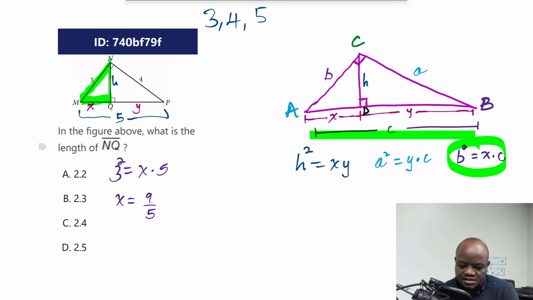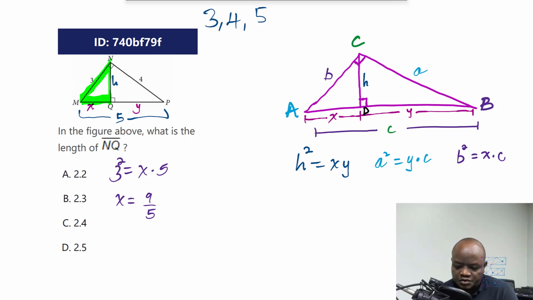Now let's repeat that process, but this time let's solve for the y value. To solve for the y value, we'll take NP squared equals the leg of it times the entire length over here. So let's apply that knowledge. It's going to be 4 squared equals y times 5.